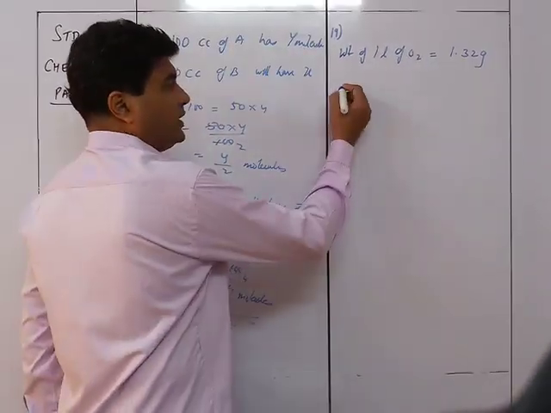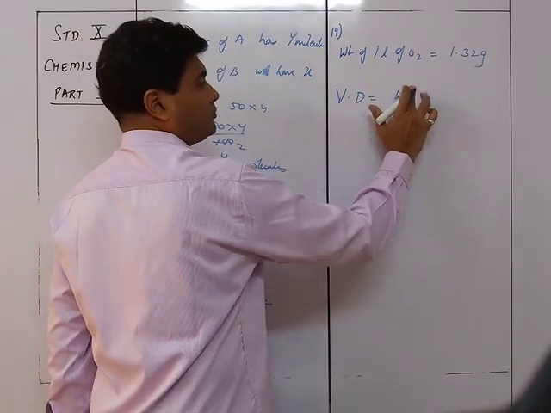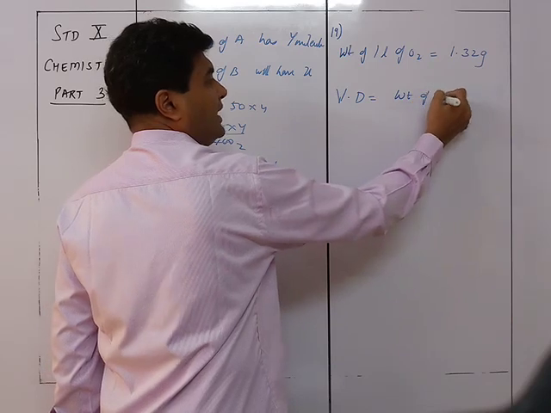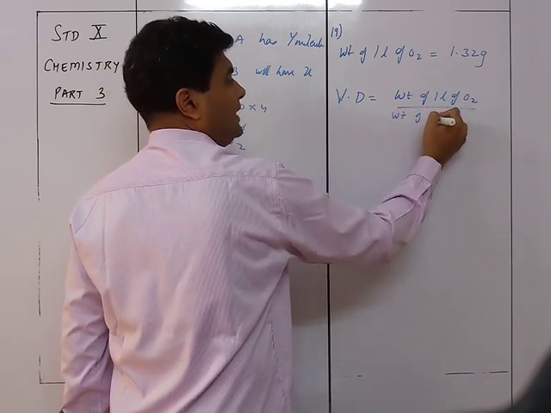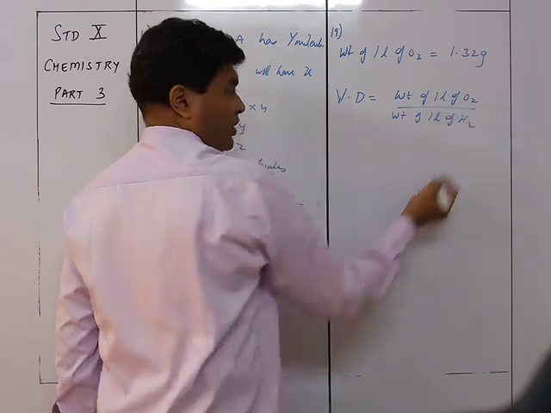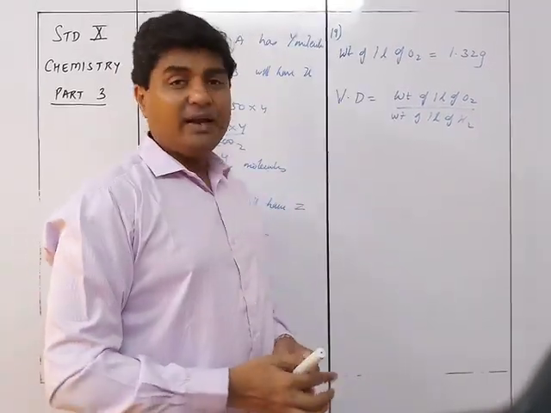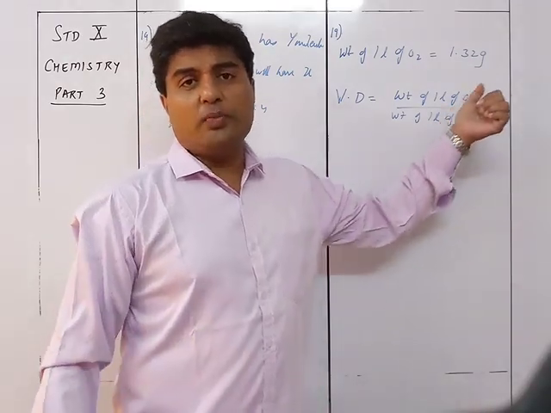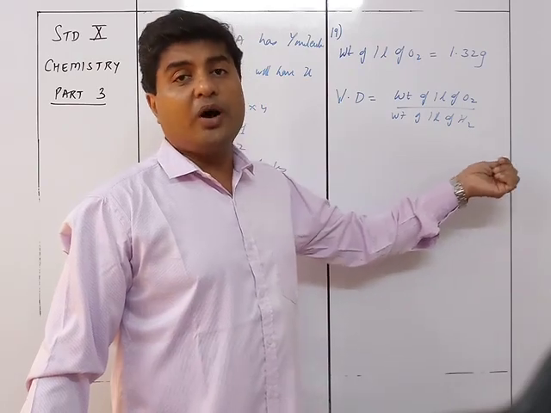So we know over here that vapor density is the weight of 1 liter of O2 upon the weight of 1 liter of H2, because that is basically the formula for vapor density: the mass of a certain volume of a substance upon the mass of the same volume of hydrogen.